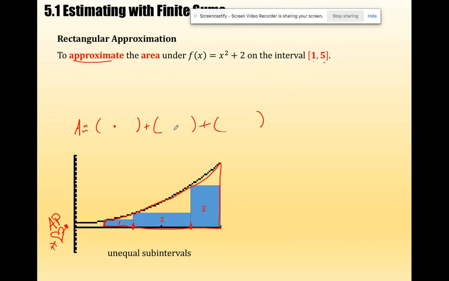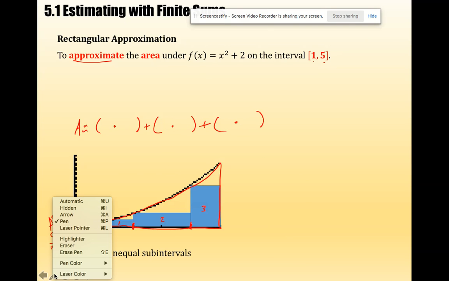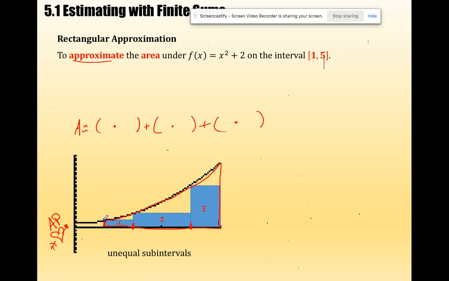I'm going to multiply height times width in all of these. My first height of my rectangle is f of what? F of 1, right? I put in 1, and then I pretended the function was constant over that entire interval. How long is that interval? From 1 to 2. How about my next rectangle?